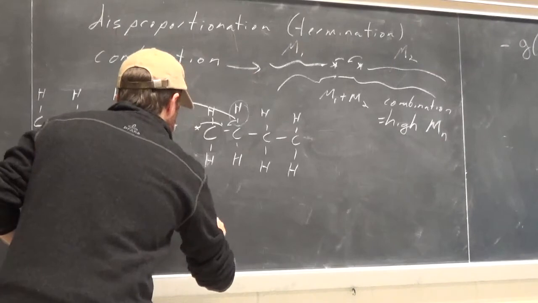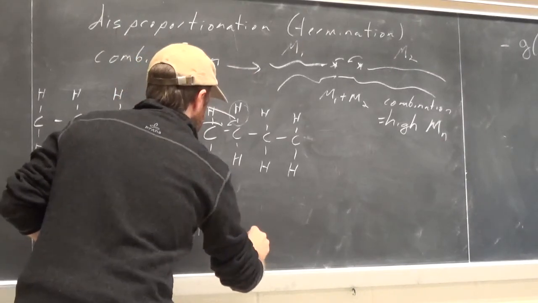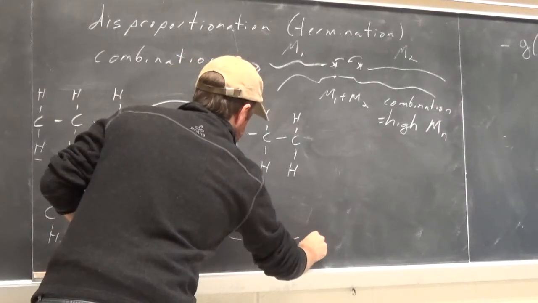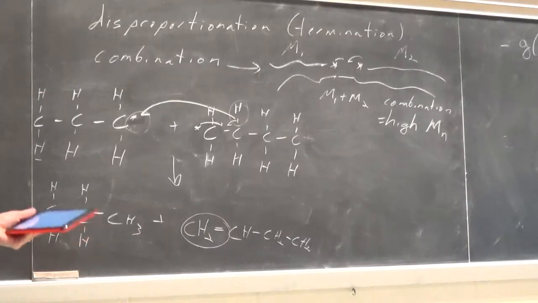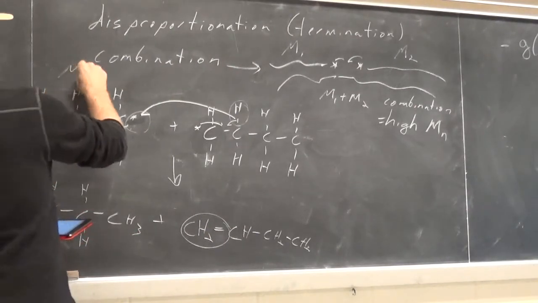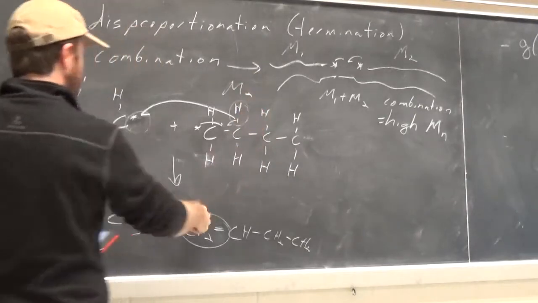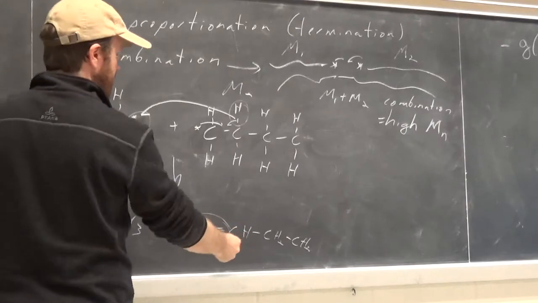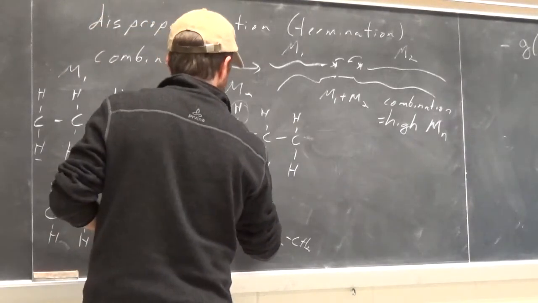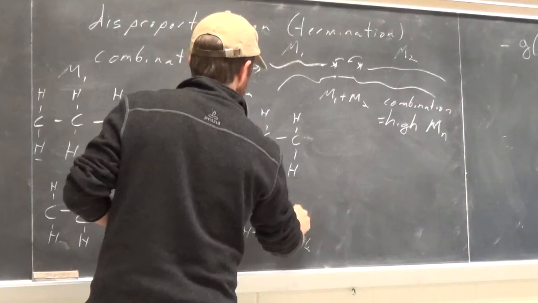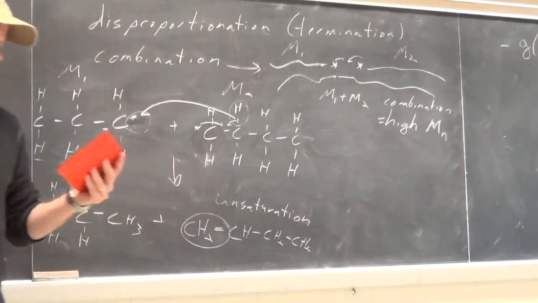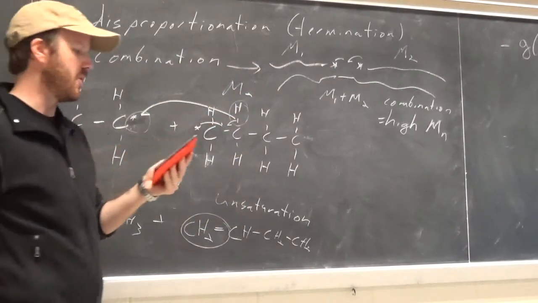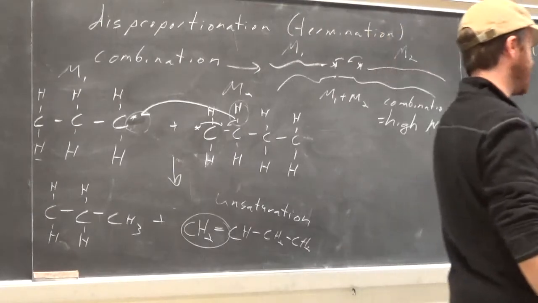And so we have CH2, CH, CH2, CH2. So we form unsaturation. And you notice that the molecular weight here, M1, M2, doesn't change very much, right? So you get the same molecular weight of whatever the growing chains were, but you have unsaturation now. So that's combination, disproportionation. You're right, they both involve growing radical ends.